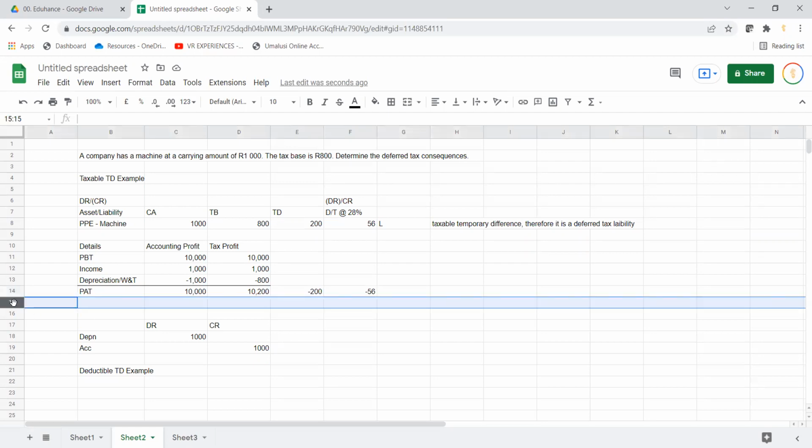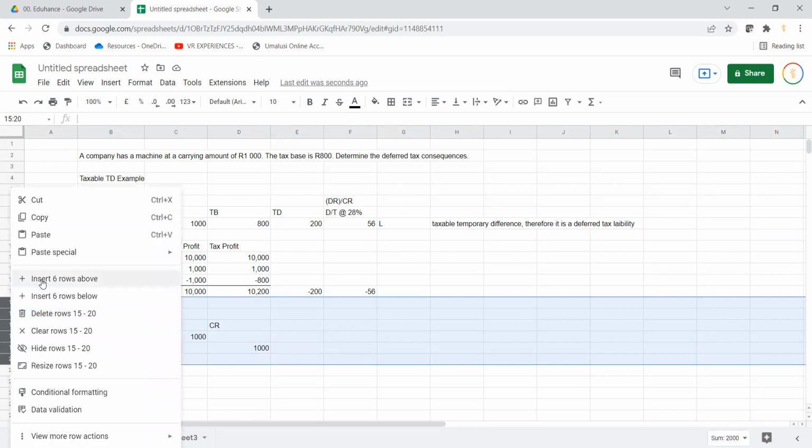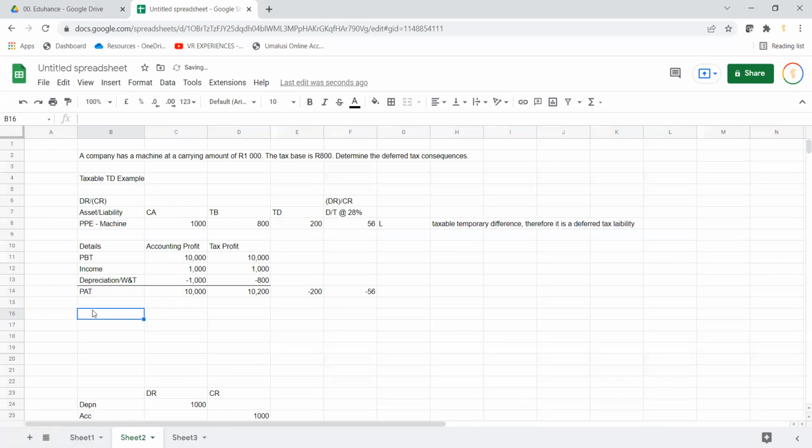So just to show that thinking over here, we said in future, accounting profit is 0 or 10,000 Rand, depending how you look at it. In future, tax profit is 200 Rand or 10,200 Rand, depending.